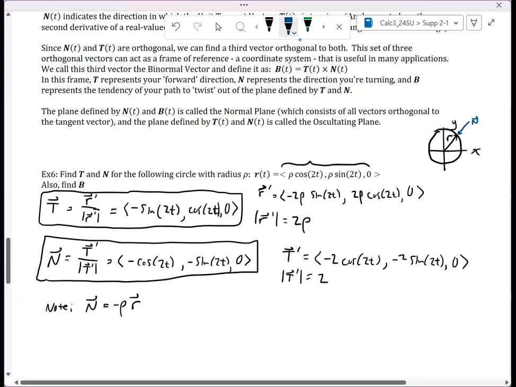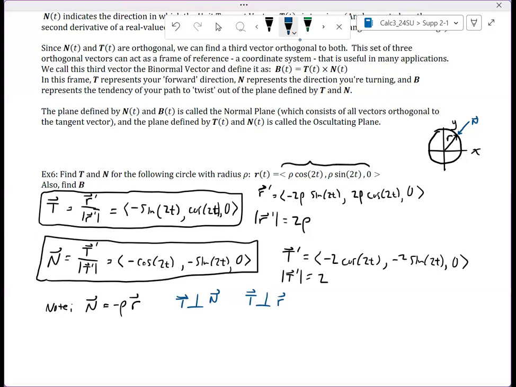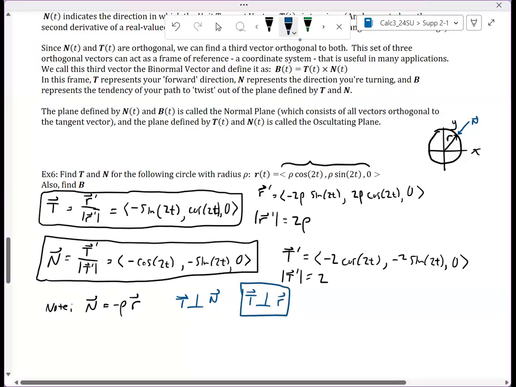It might have a greater or lesser magnitude than r, but it's in the opposite direction. It's pointing towards the center of the circle. I also remember that T is perpendicular to N, and therefore T is perpendicular to r as well, because N is parallel with r. So my unit tangent vector is perpendicular to my position vector.